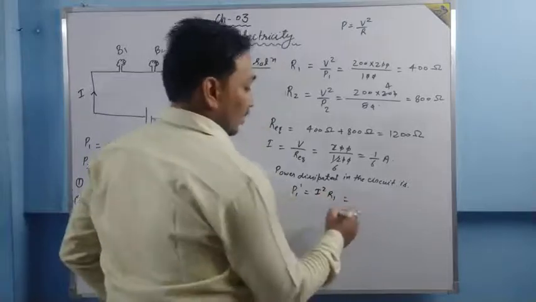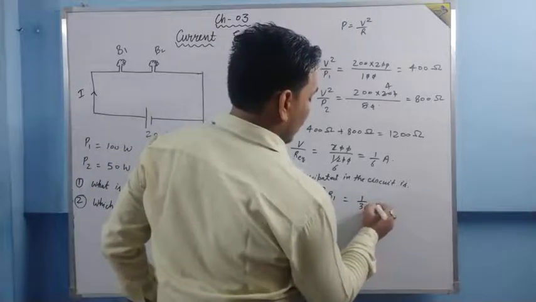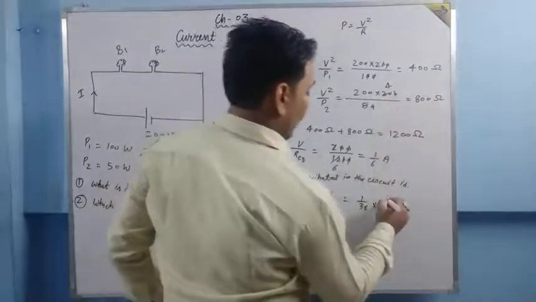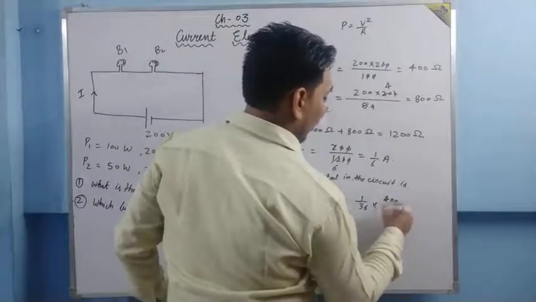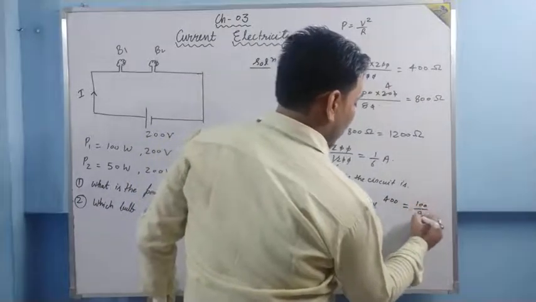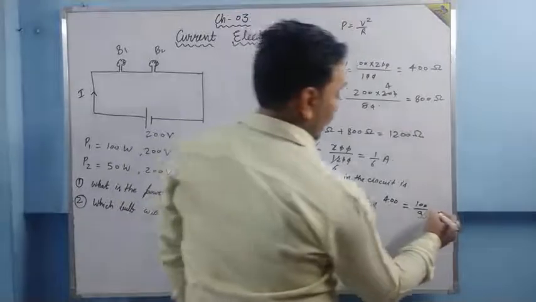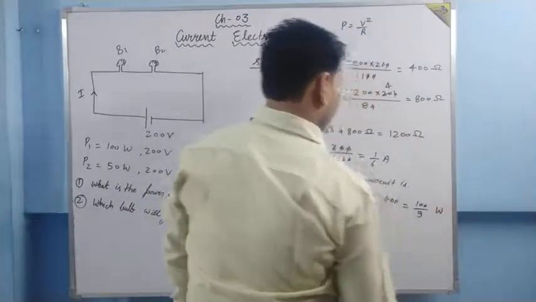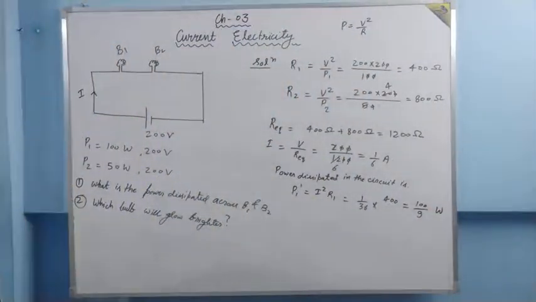What is I square? It is 1 upon 36. What is R1? R1 is 400. If we cut down them, it will become 100 upon 9 watt. This is the power dissipated across the first bulb.